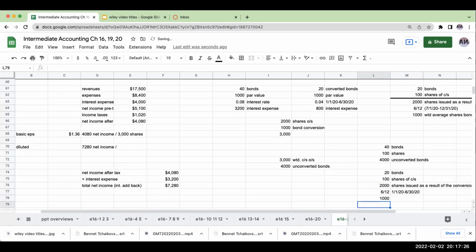So this is going to be times 0.5 or 1,000, and this is called the converted bonds from 1/1/20 to 6/30/20. And when I add this up, I'm going to get a total of 8,000. So for my diluted, this is going to be 7,280 divided by 8,000, or a total of 91 cents.